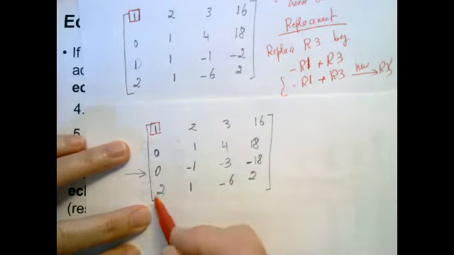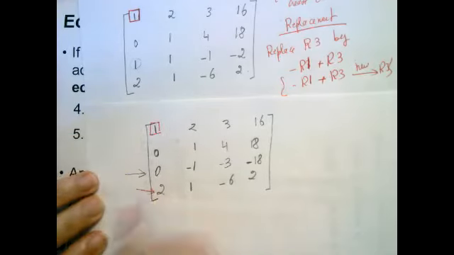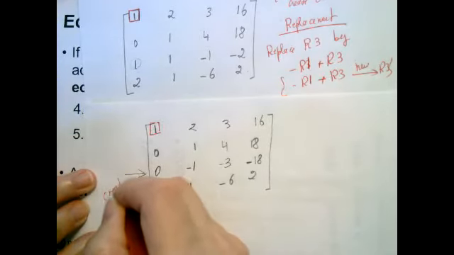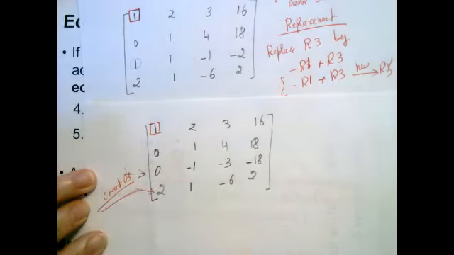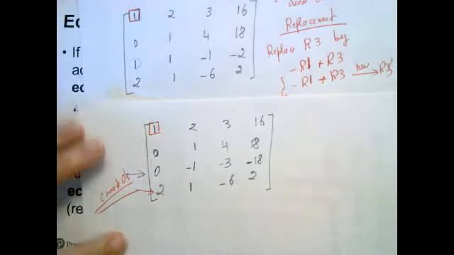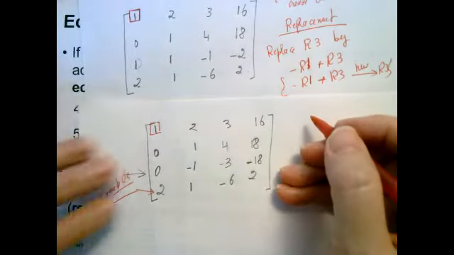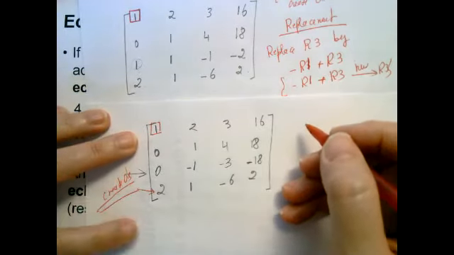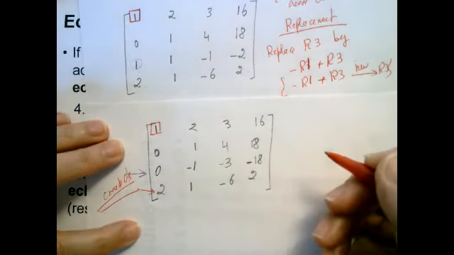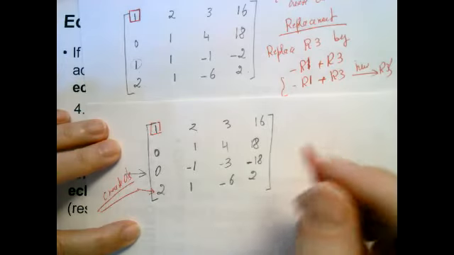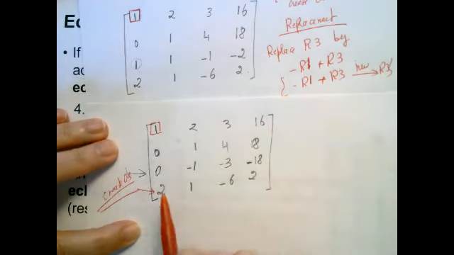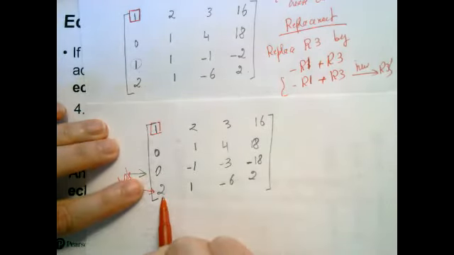What shall I do to create a 0 in this spot? Now we need to create a 0. Quickly? That would be the scaling, I think. No. No, sorry. What do you think I'm going to do? How can I create a 0 here? Oh, replacement.